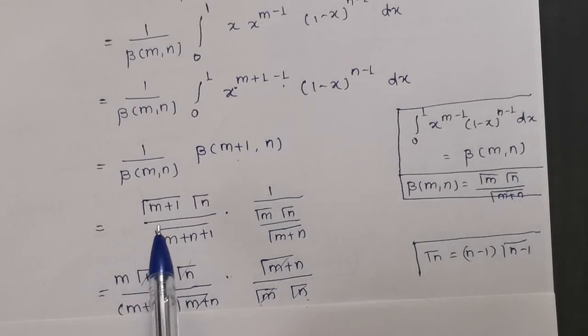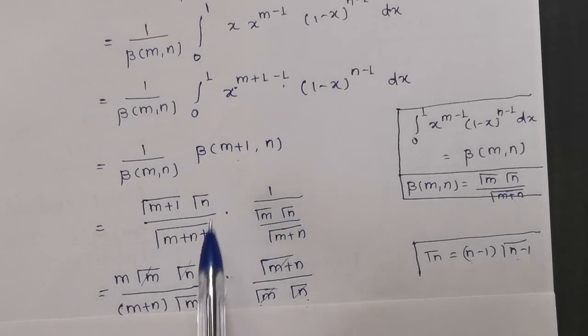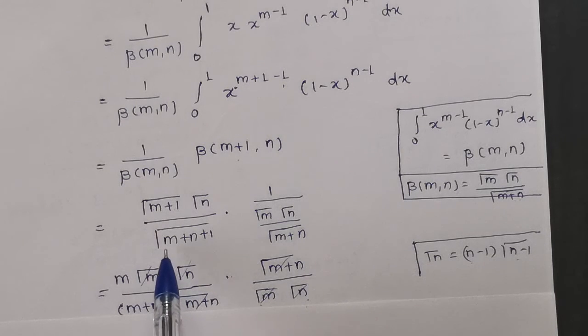Also we know that gamma n is equal to (n minus 1) into gamma (n minus 1). So gamma (m plus 1) is m into gamma m and gamma n is as it is. Again the denominator is gamma (m plus n plus 1), which you can write as (m plus n) into gamma (m plus n). So this gamma (m plus n) is cancelled with the numerator side. This gamma m into gamma n is also cancelled on the denominator side.